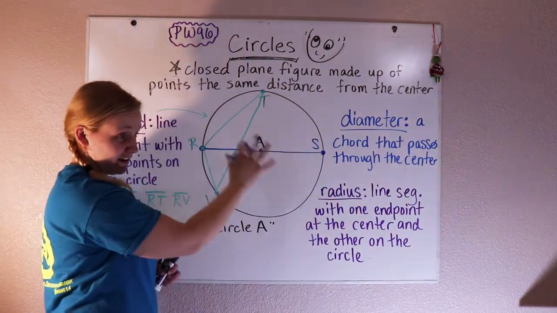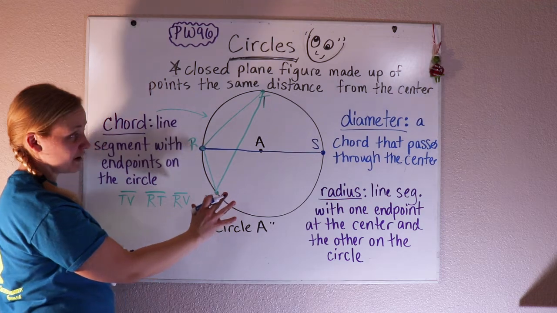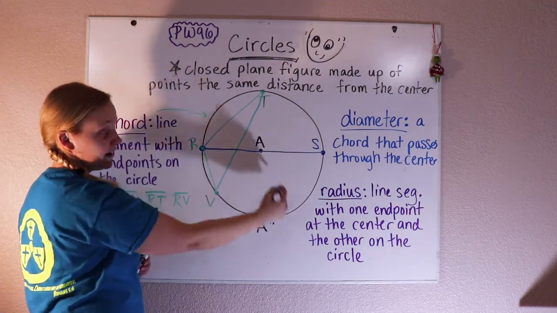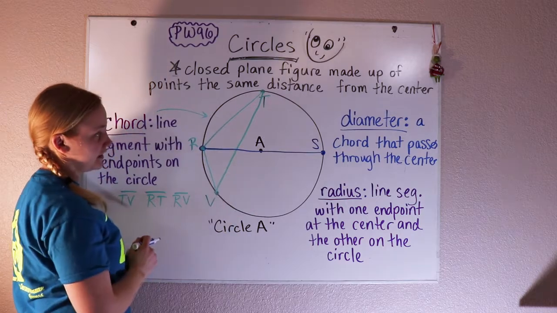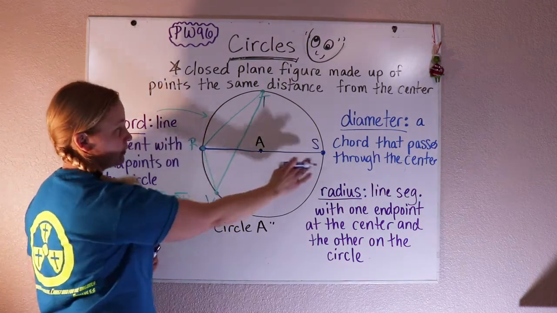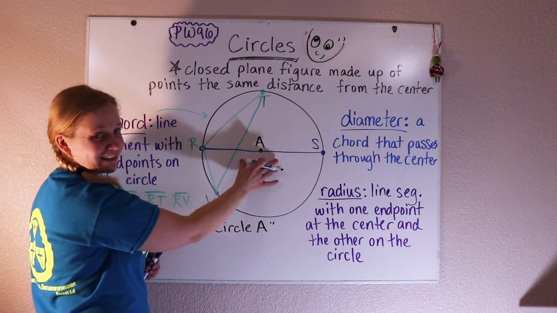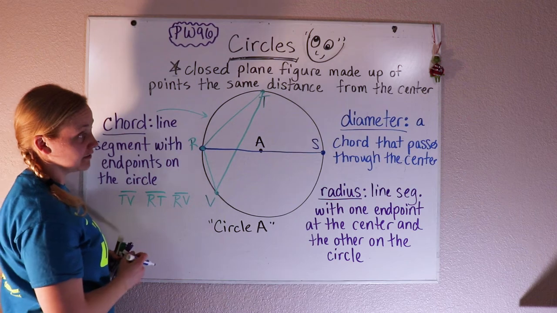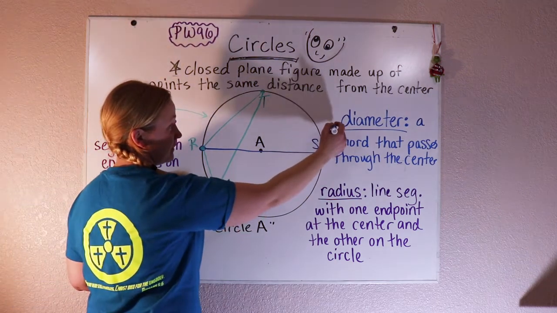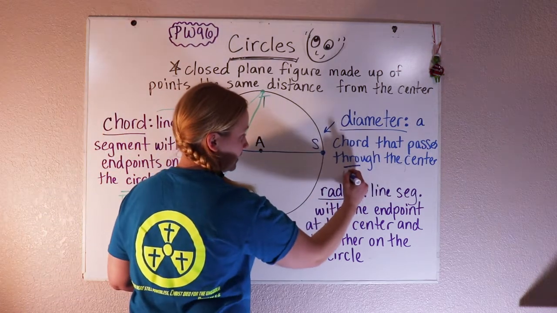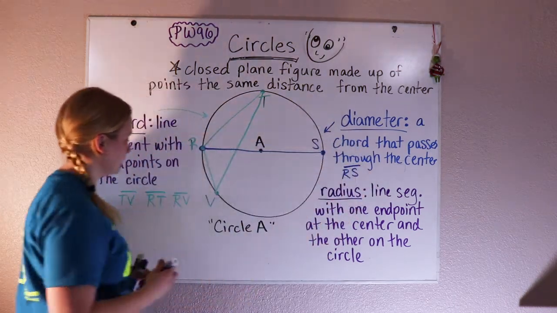Again, there are an infinite amount of places you can draw any of these chords because you can draw a line connecting any side of the circle going through the center. The diameter helps us measure the size of a circle because when we know how long the length of the diameter is, we can say how big the circle is. So this is diameter. Our diameter in this is line segment RS.